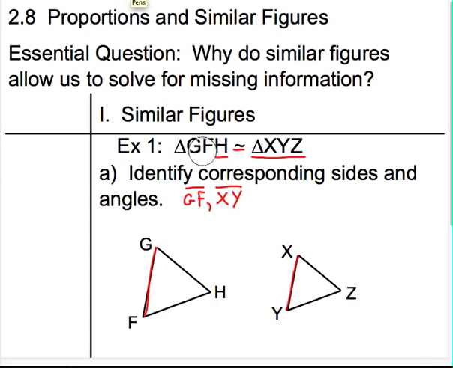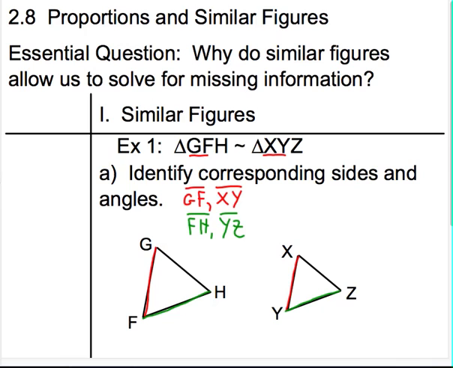Looking at the similarity statement, we have the first two letters in the similarity statement for triangle GFH are GF, and the first two letters in the second triangle are XY. So that's a second way to identify the corresponding sides. Again, looking at the triangles, we've got side FH is in the same place as side YZ. So we would say FH corresponds to YZ.